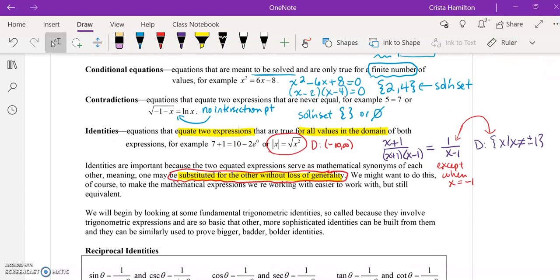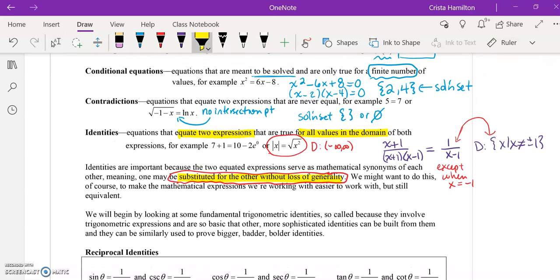When I did this up here, I very trickily used an identity to go from x squared minus 6x plus 8 to its equivalent form, (x - 2)(x - 4). Those two expressions are equal for all values of x, and so I made a substitution in my solving because they are equal to each other. And that's what an identity is.